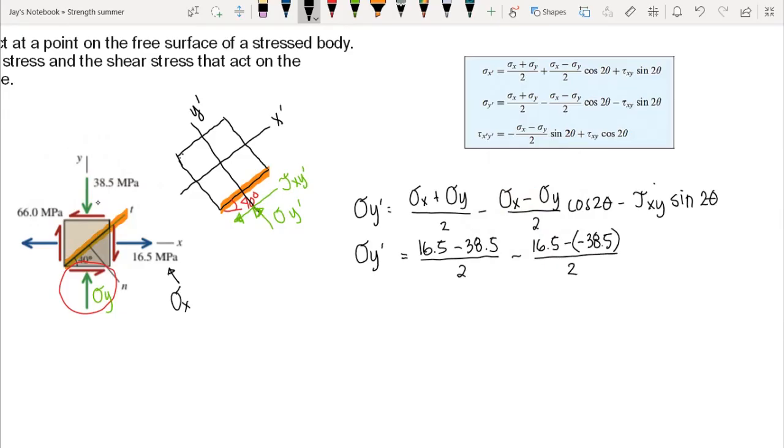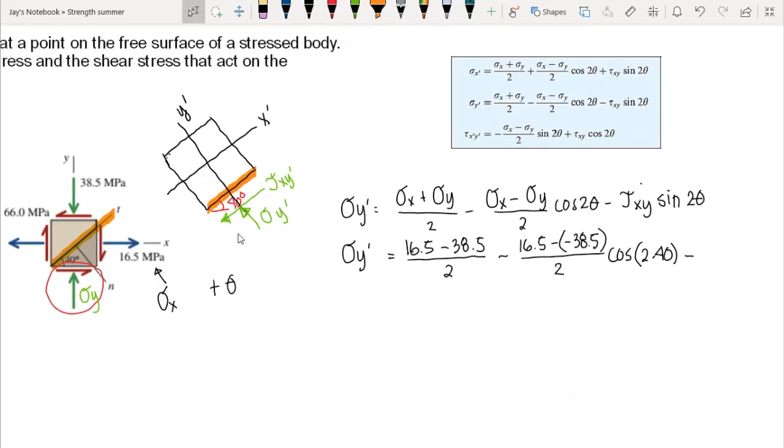Eventually, this would become positive. Now, cosine of 2 theta: since our rotation is counterclockwise, we have a positive angle. Otherwise, we have negative. So this angle here is 40 degrees, so 2 times 40, minus our shear stress here.